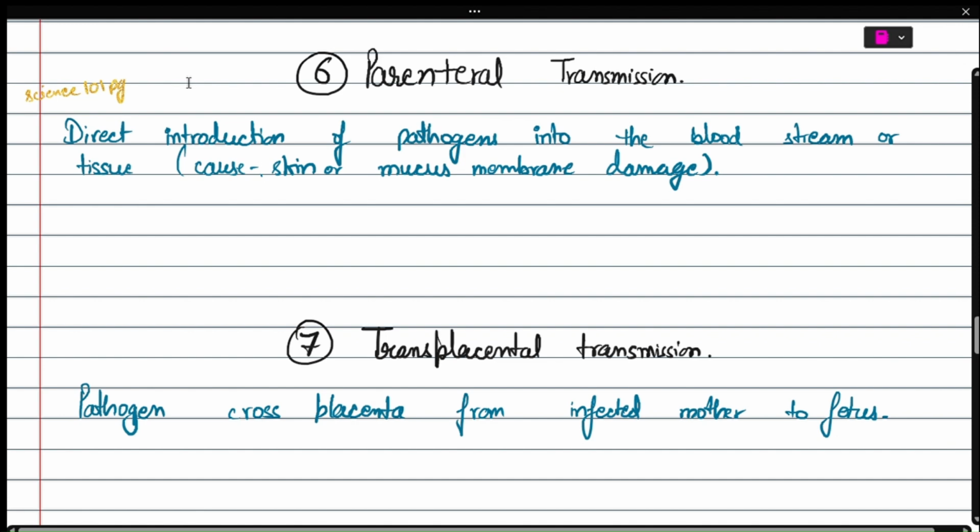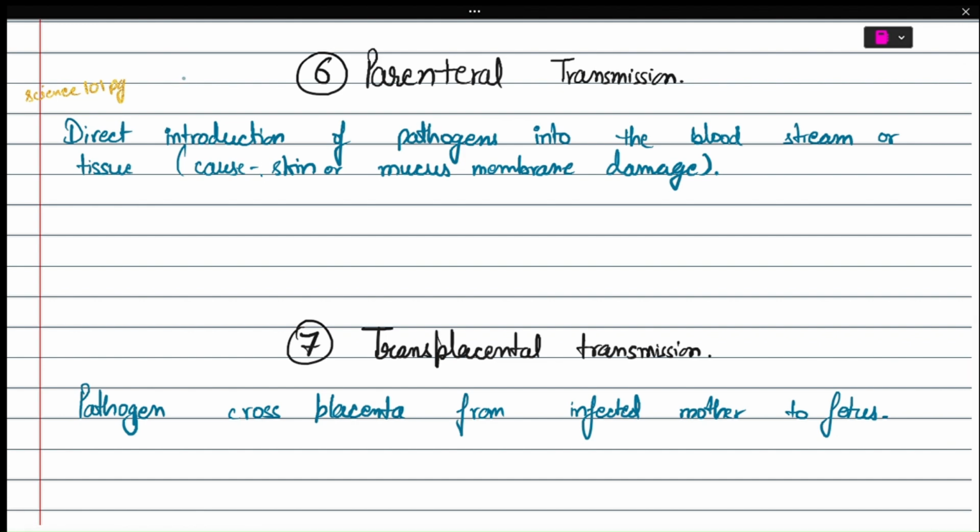Now, after this, we have parenteral transmission. Now, don't think, I know that this word sounds somewhat like parents, but it is not that. It is the introduction of pathogens directly into the bloodstream, and it happens when skin or mucous membrane gets damaged. So there are some things which can cause this infection.